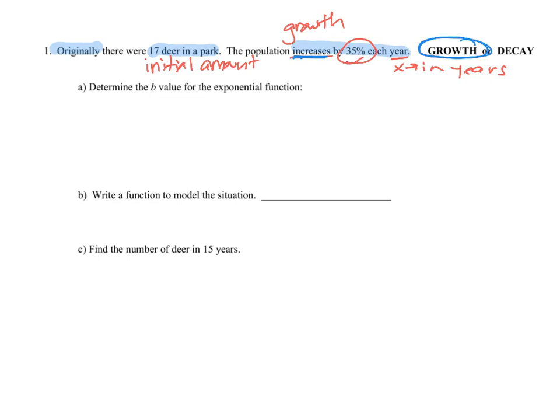Determine the B value for the exponential function. So remember, now that we have this extra layer of percentages, the problem does not come out and say, oh, the population doubles, it triples, the population's cut in half. Those are given direct B values. I'm not given a direct B value. I'm given an indirect B value, okay? And so because of that, remember, B is equal to 1, in this case, plus R. And it's plus because we have exponential growth, okay?